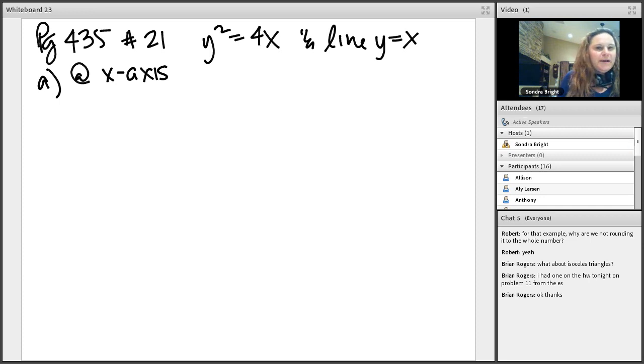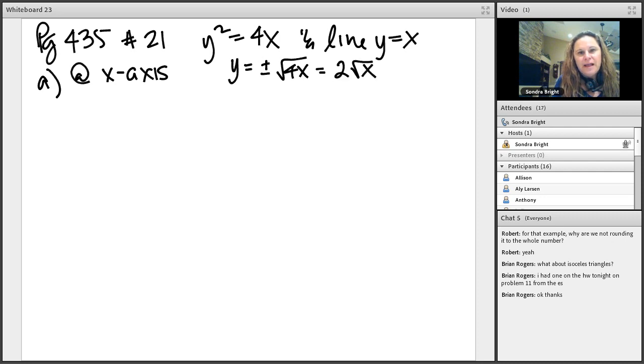Let's do this. If y squared equals 4x, then y is equal to plus or minus the square root of 4x, which means it's 2 rad x.